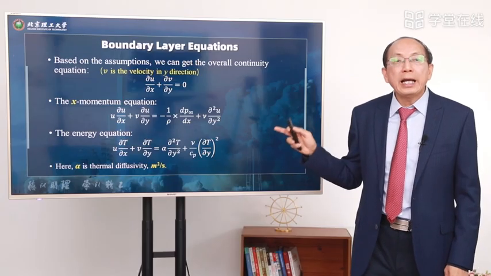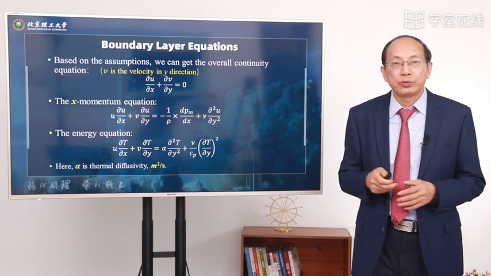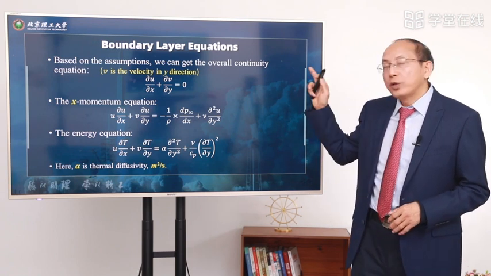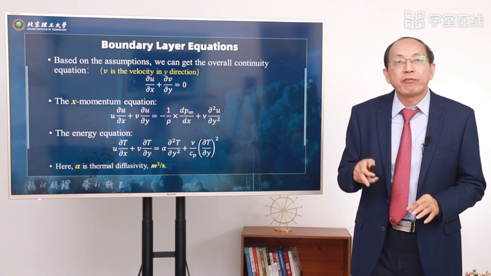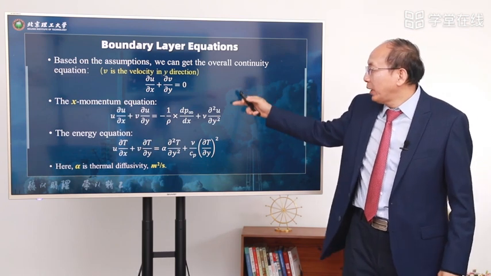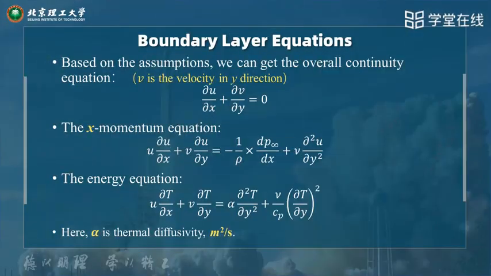Here is the energy equation. So for the element in the laminar flow, we obtain three equations. Here, alpha is the thermal diffusivity.